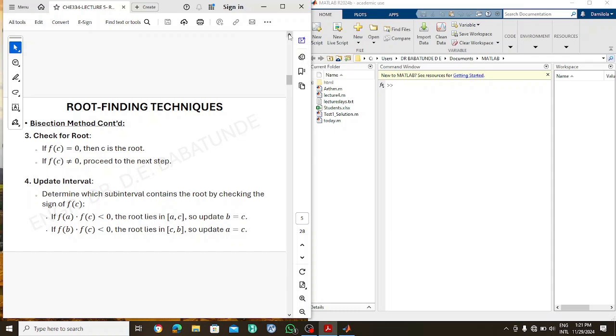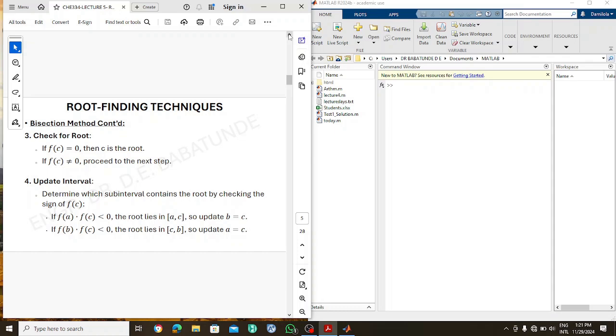If the value is equal to 0, then you know this new midpoint is the root. If it's not equal to 0, then you continue the process as you have done, until you get the root.